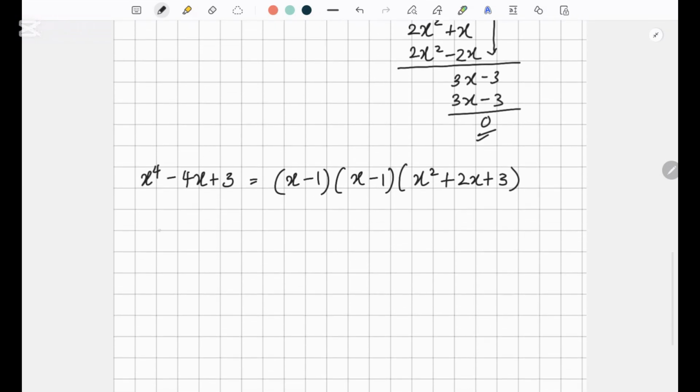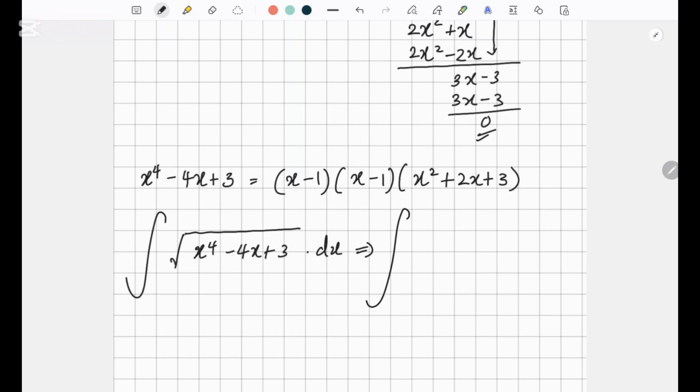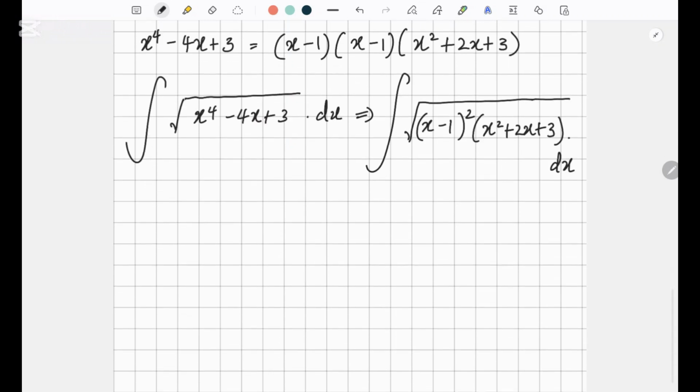So our integral was root of x to the power 4 minus 4x plus 3 dx, which you can write as root of x minus 1 squared into x squared plus 2x plus 3 dx.